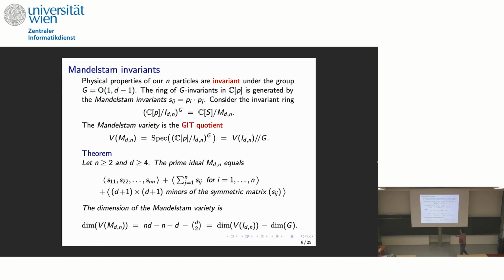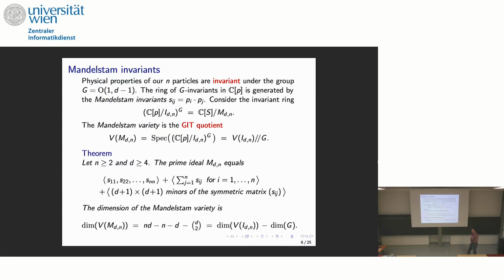As I said, the diagonal entries are all 0. The row sums of this matrix are 0. That comes from the p's. And there's a rank constraint, so this Gram matrix Sij has its d+1 minors vanish, so the d+1 minors are elements in this prime ideal. The Mandelstam variety just walked in the door.